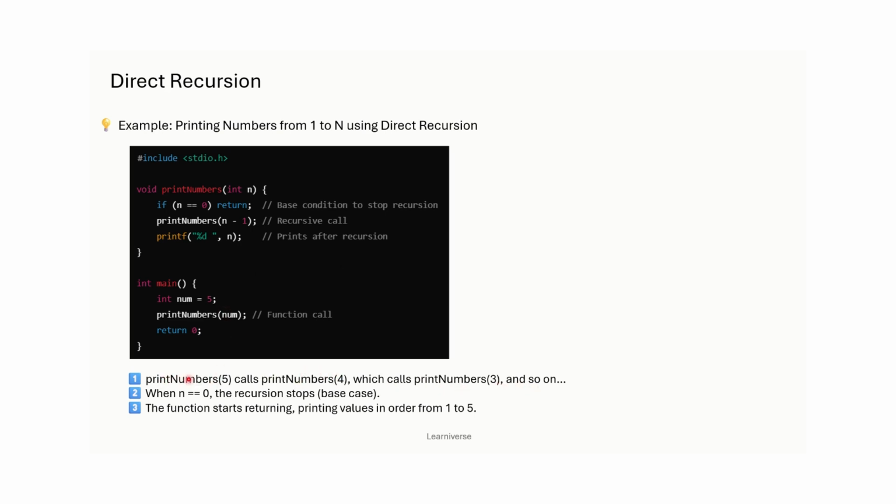When we call with value 5, it calls 4, and then which eventually calls 3. So like that, every time the argument will be reduced, and then when n becomes 0, the recursion stops. This is nothing but a base condition or a base case, and the function starts returning, printing values in order from 1 to 5 like this.